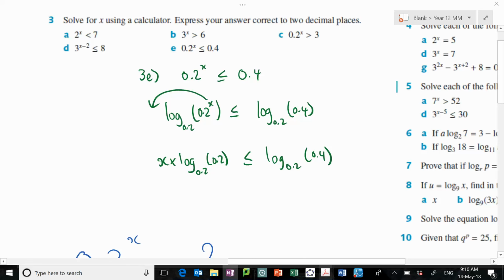Now what we can see is x, and these will cancel out to be 1, so now we've got x less than or equal to log 0.2 of 0.4. Now in this case, the sign doesn't change, and it's because you're not dividing or multiplying by a negative 1. But log 0.2 of 0.4, is that a positive value or is it a negative value? And how do you know?